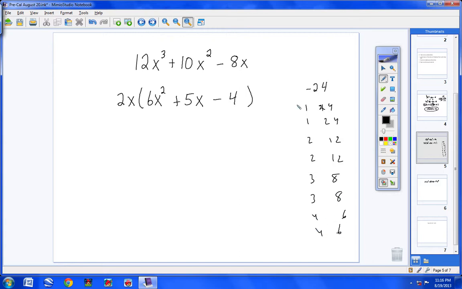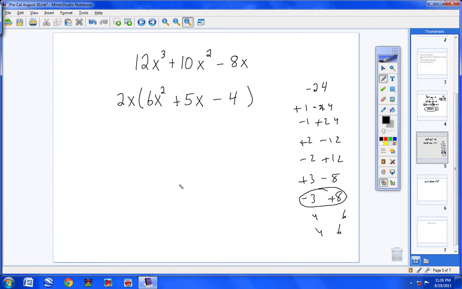There. And then you want a positive times a negative, and a negative times a positive, and you continue that pattern all the way down through here. But anyways, when we get down to these numbers right here, the group that adds up to a positive 5 would be this group right here. So those are the two numbers you want to use.